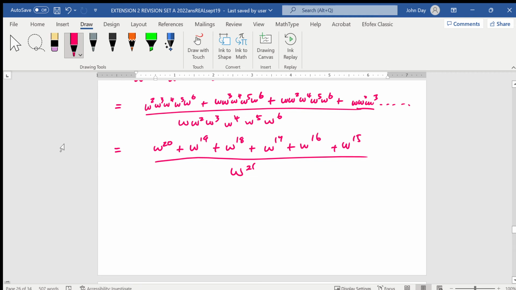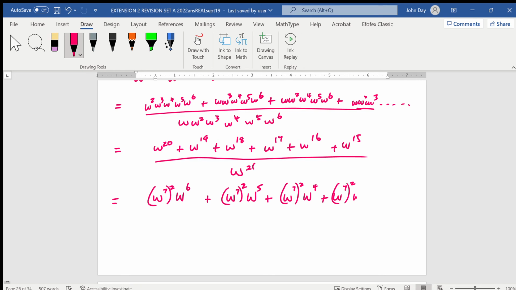Once you get it to that point, you just need to express it with powers of 7. Like this first one is w to the 14, so 7 squared, times w to the 6. That's w20. And then you've got w to the 14 times w5, and w to the 14 times w4, and w3, all the way down to w to the 14 times w.